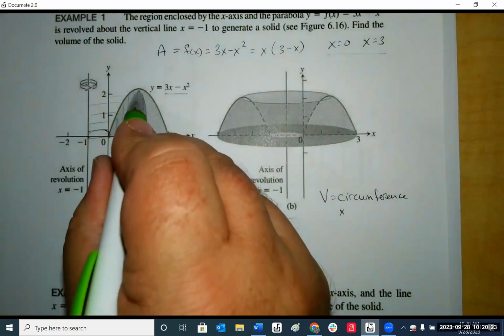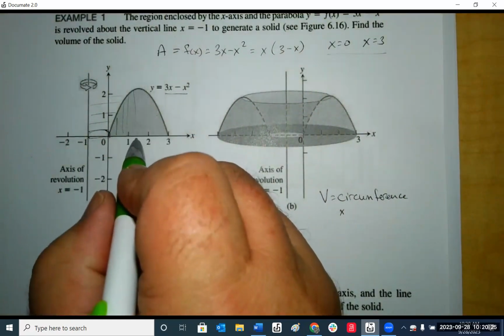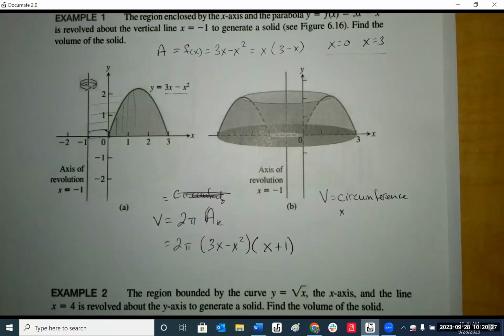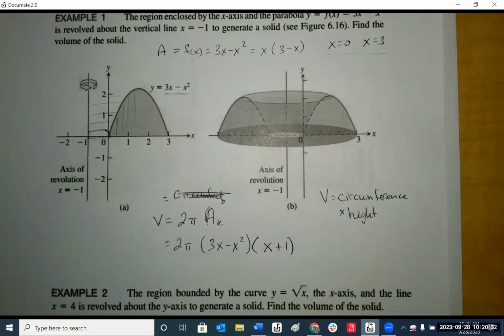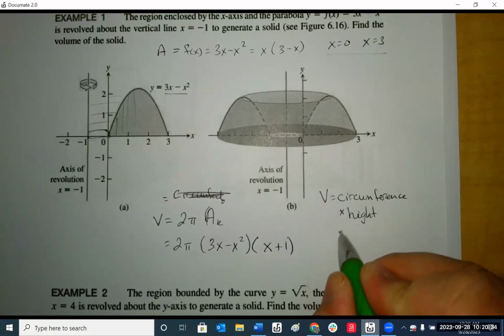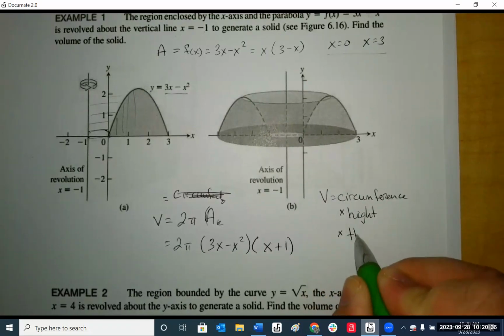We have to worry about the height, times the thickness.